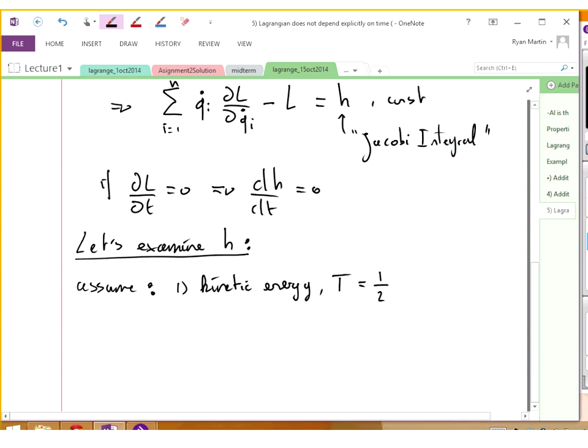So we'll assume that it can be written as the sum over j, sum over k of A_jk, let's use j's and k's actually.